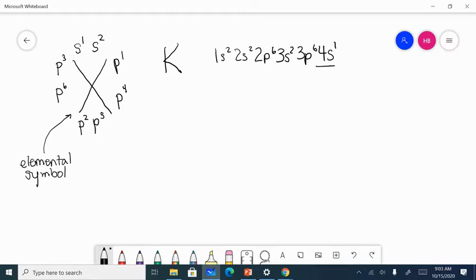Remember, we identify the valence electrons by the highest principal energy level or the largest coefficient, and the 4s1 electron is potassium's valence electron. You'll see potassium is in group 1A, so he's going to get 1 dot for his dot diagram. This is the dot diagram for potassium.